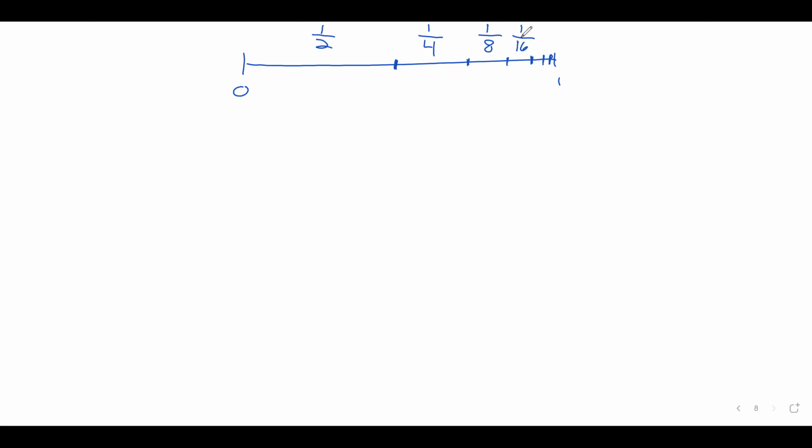And it's geometric because every term is half of the term before it. 1/2 times 1/2 is 1/4. 1/4 times 1/2 is 1/8. 1/8 times 1/2 is 1/16, and so on.